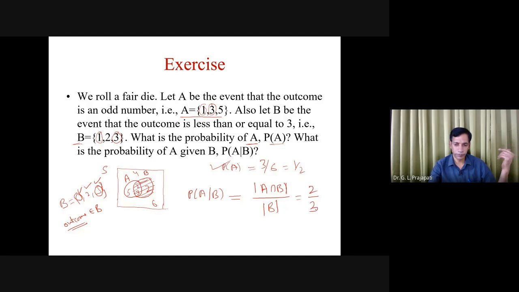So 2 by 3. So probability of A given B is now 2 by 3.